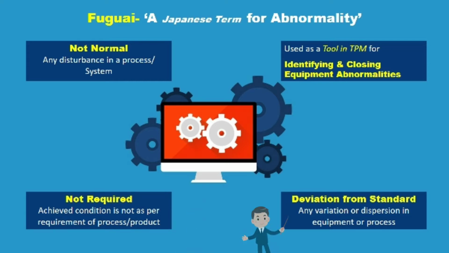Every breakdown and defect is due to a deviation from a standard, or not maintaining the basic conditions, or any unstable or odd behavior trend in equipment performance. In short, we can say Fuguai is a TPM concept which helps in identifying and closing equipment abnormalities.